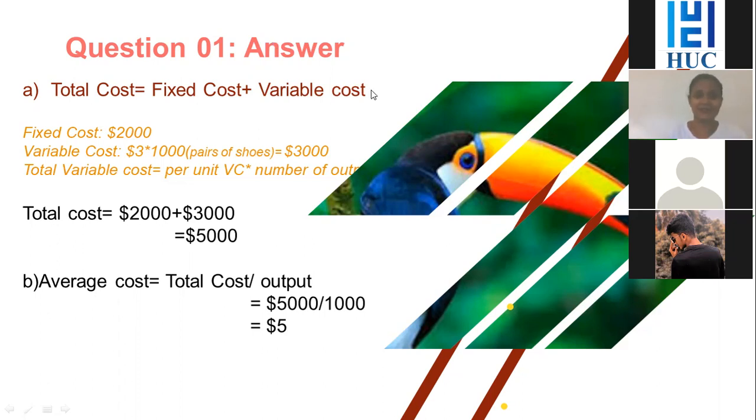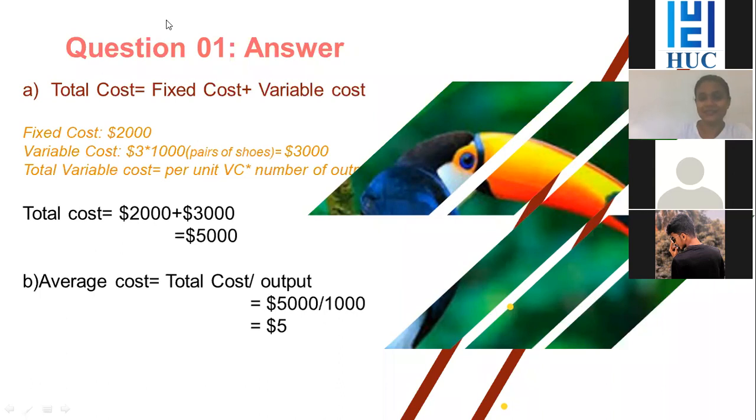There is a reason for that. Answer එකත් බලන්න. එකක් හදන්න යන variable cost එක $3. But average cost එකක් හදන්න යන මුළු cost එක $5. You don't know the answer, right?